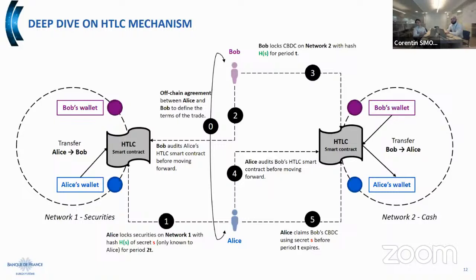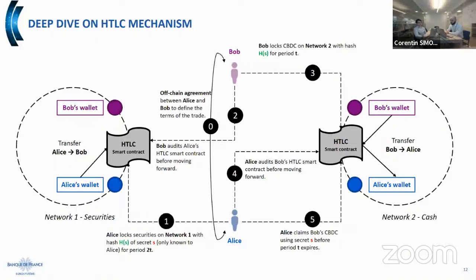And of course, the smart contract checks that hashing the secret results in the expected hash before transferring the cash to Alice. And the claim of the CBDC and the sharing of the secret are done in a single atomic transaction. So that means that Alice cannot receive the cash if the secret is not revealed.